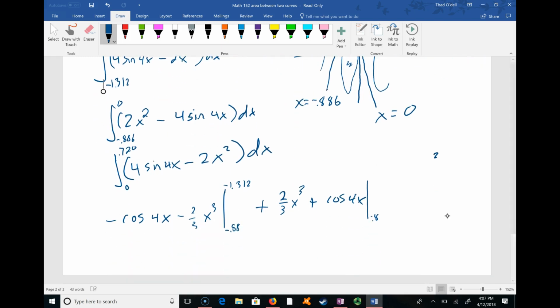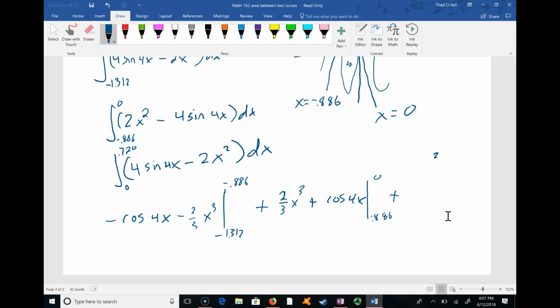Okay, so that would change that down there too. We want to integrate from left to right, so that'd be negative 1.312 and negative 0.886. So this is negative 0.886, and that would be 0 there.